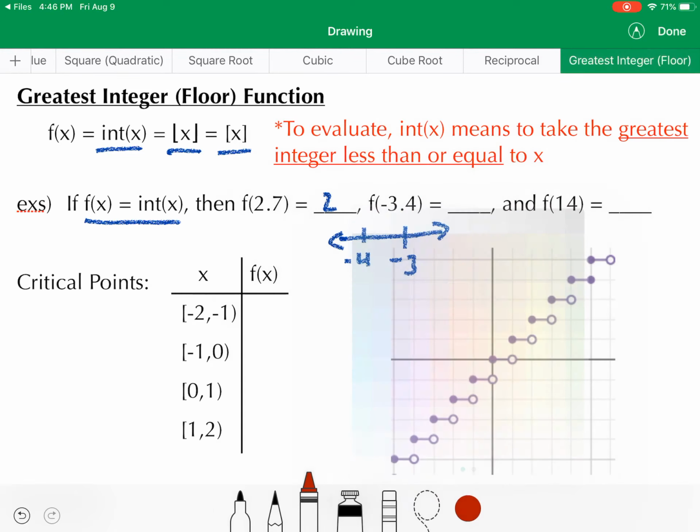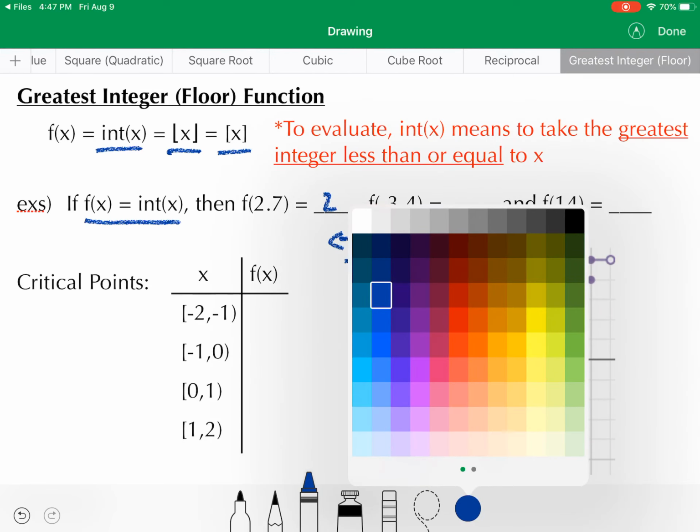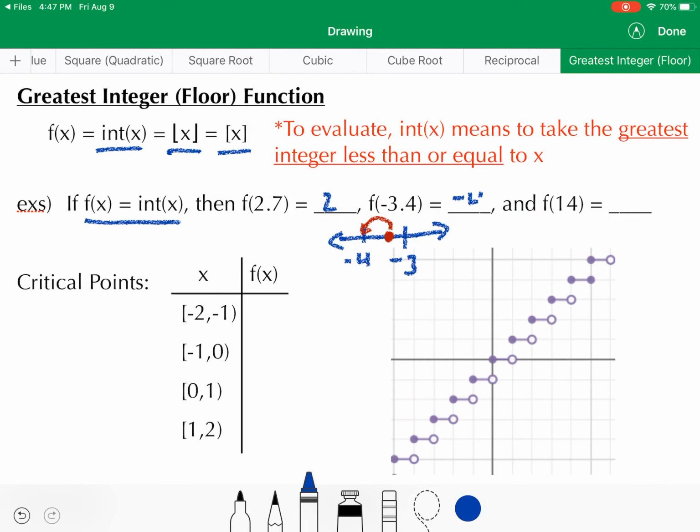Negative 3.4, right about there. The greatest integer less than or equal to that would move you to the left on the number line to negative 4. And lastly, what's the greatest integer less than or equal to 14? Well, 14 is already an integer, so it equals itself.